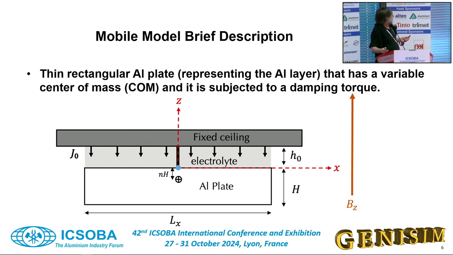So this is the device, and if there's no current, you kick it. There's also a friction, so there's a kind of damping mechanism. If you kick it without a magnetic field, it will simply stabilize to the initial position.